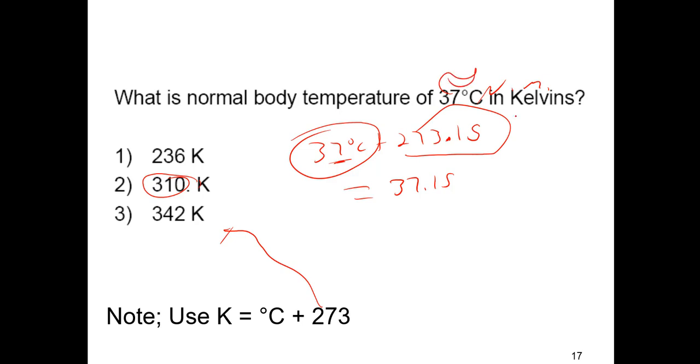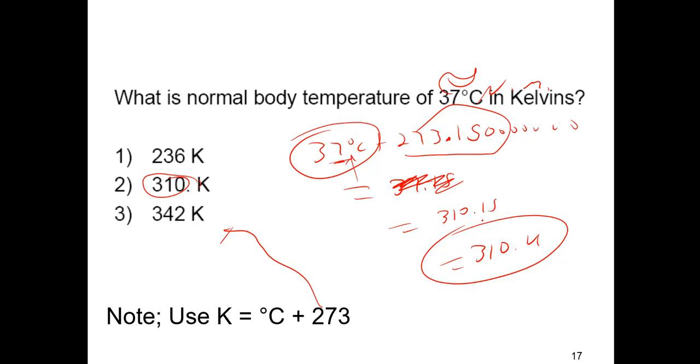It has infinite sig figs or infinite decimal places, so you can think of it as the zeros going on forever. So this still would have had to be rounded. Instead of having an answer that is 310.15, because there's no decimal places, the final answer would have still been 310 without any values to the right of the decimal place. So 310 Kelvin.